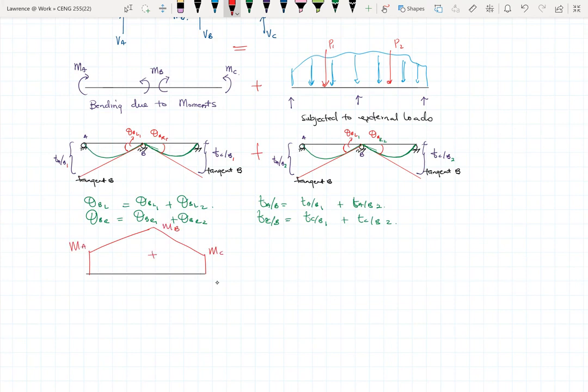Here we are assuming that all our moments are positive. So I can have MA, MB, and MC being sagging moments. Sagging moments are positive, or moments that cause the beam to bend inwards or downwards, and they're called sagging moments.